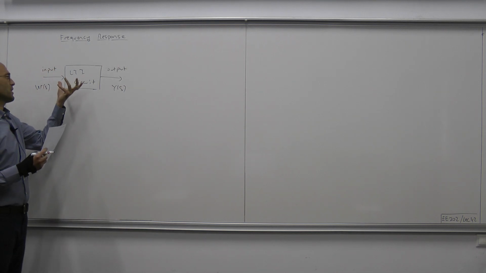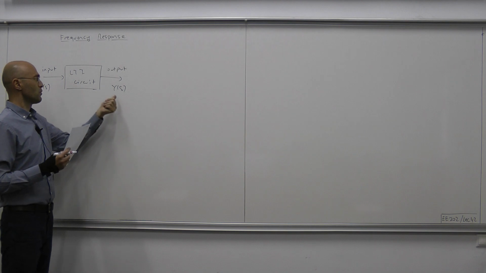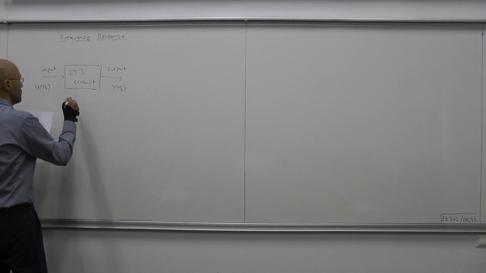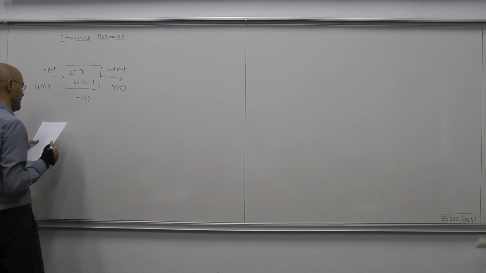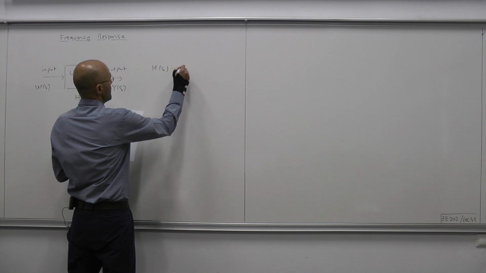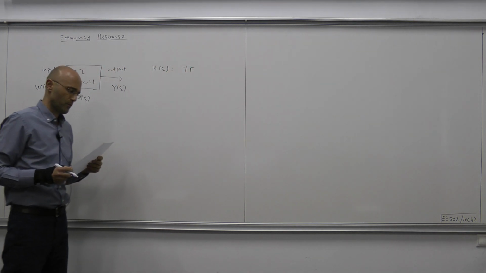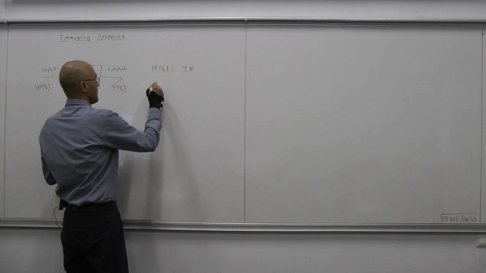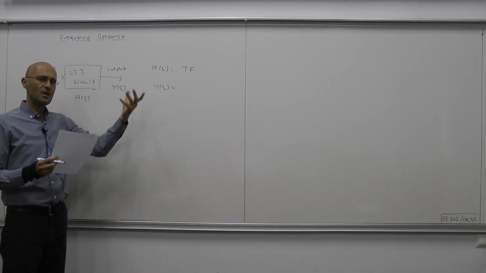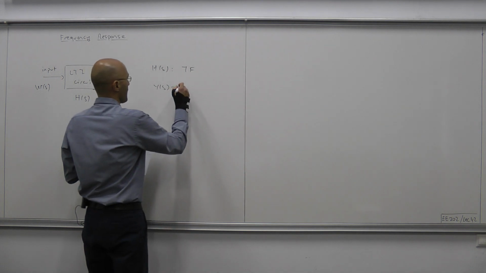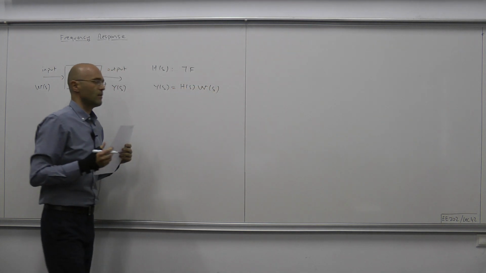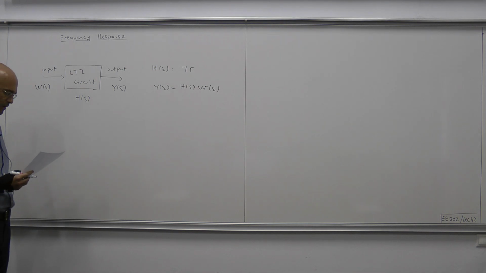Suppose that this circuit from this input to that output can be described by some transfer function, which we denote by H(s). So H(s) is the transfer function of our circuit. Therefore, Y(s), the output transform, equals H(s) times the input transform.